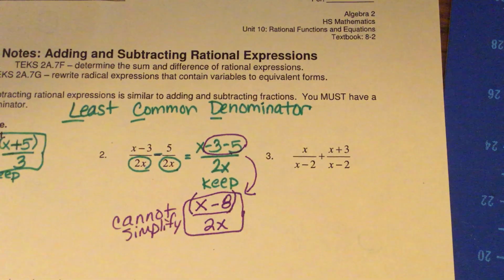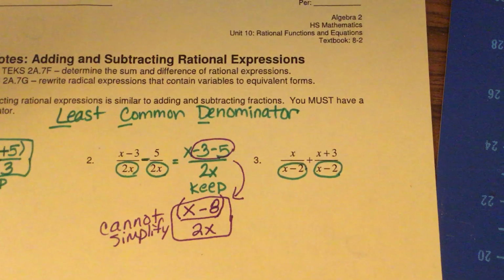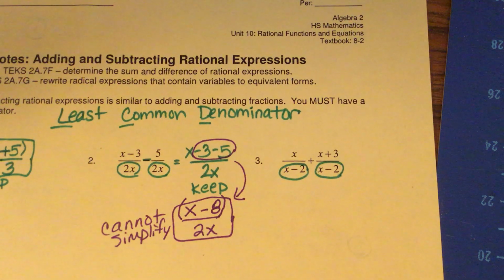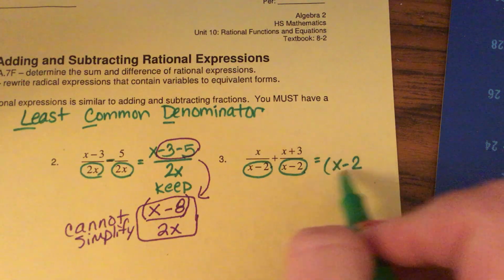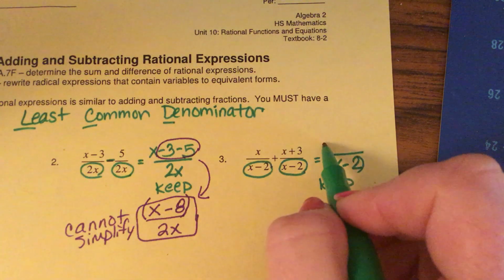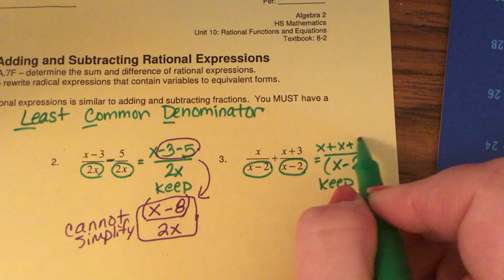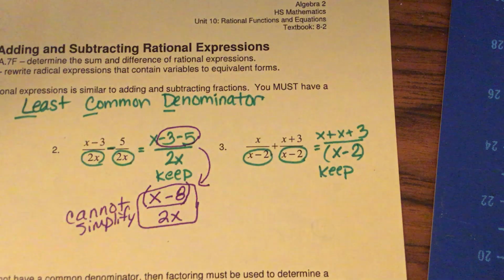Okay, so number 3. Again, I'm looking at my denominator. We've got an expression here. They're both x minus 2. So I'm just going to keep x minus 2, and I'm going to combine the top. This one's adding all of that together on the top.